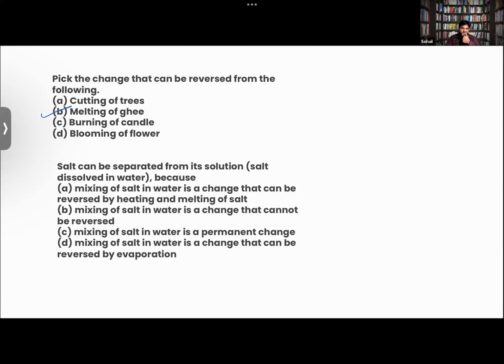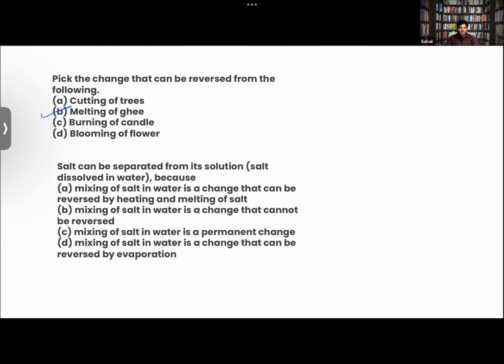Salt can be separated from its solution. That is simply salt dissolved in water. Why is it so? This is a question from the chapter Changes Around Us. By the way, what are the two natures of change? Reversible, irreversible.